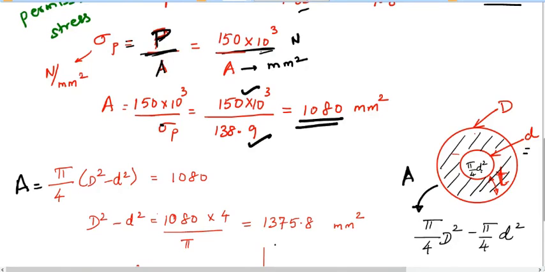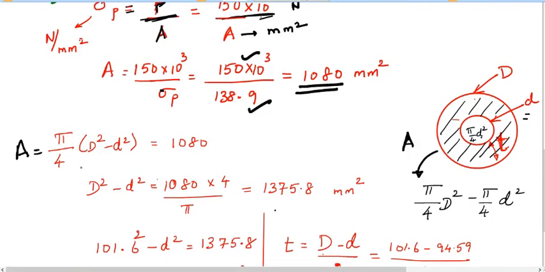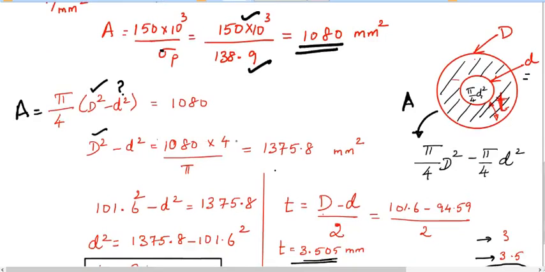In this, you know what is capital D. So find what is small d. You substitute all the remaining values for getting the small d.